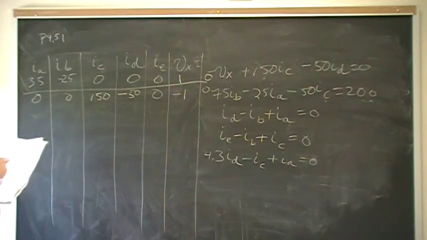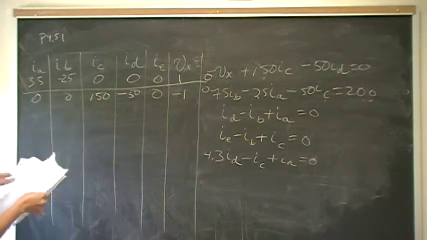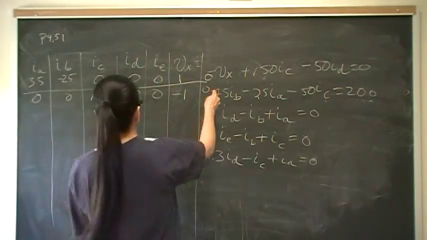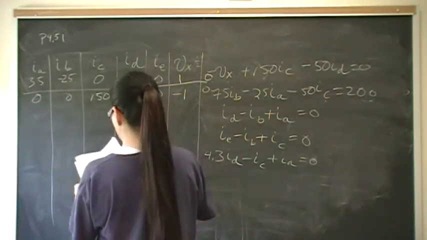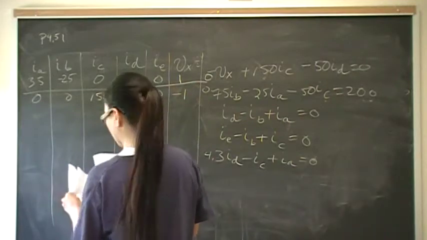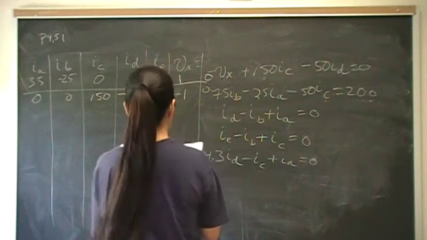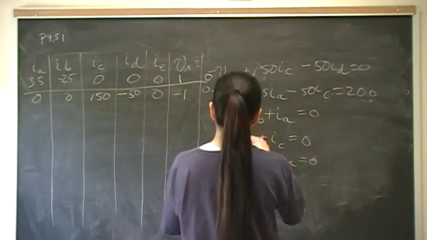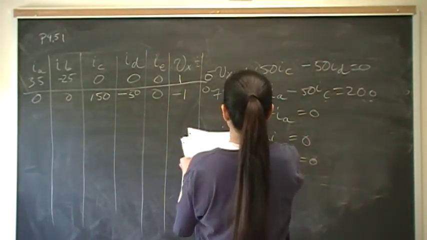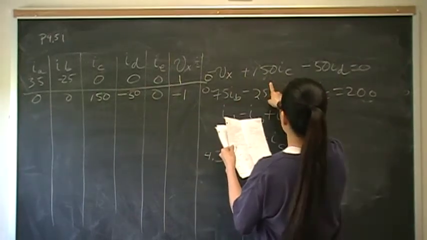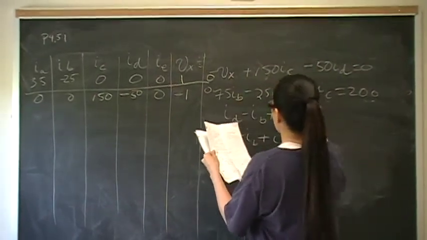Negative 50 for minus VX. I have a mistake in this equation. So let's go back to that one. So that was my mesh at IA. So I got negative VX plus. So I'm going to redo this one.